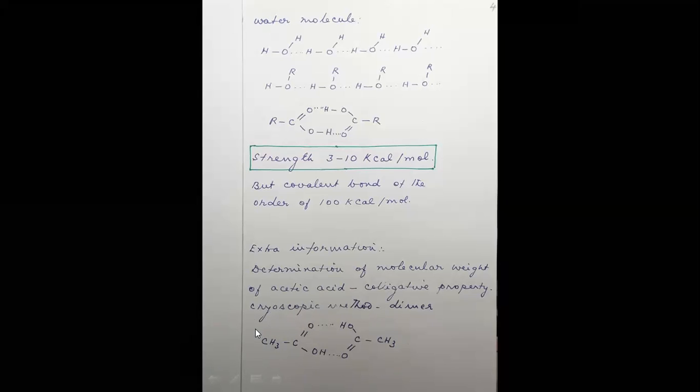Originally acetic acid is 60, but they got 120. Then people found out that acetic acid molecules are associated, and two molecules associate and exist as one single particle. They thought that it is because of a weak bond which holds the two acetic acid molecules together, and later on it was confirmed to be the hydrogen bond. This is how the hydrogen bond was found out.